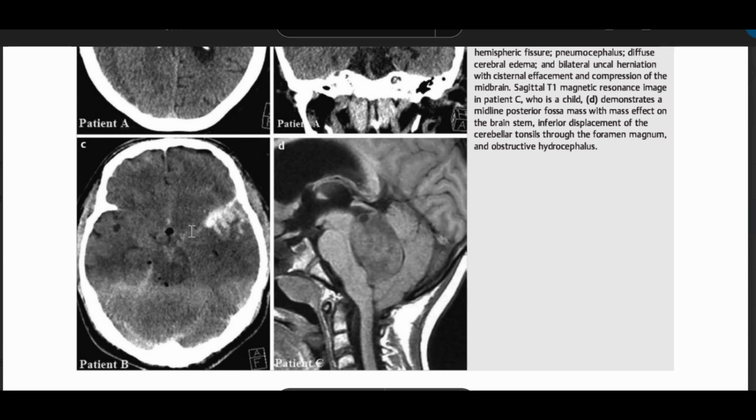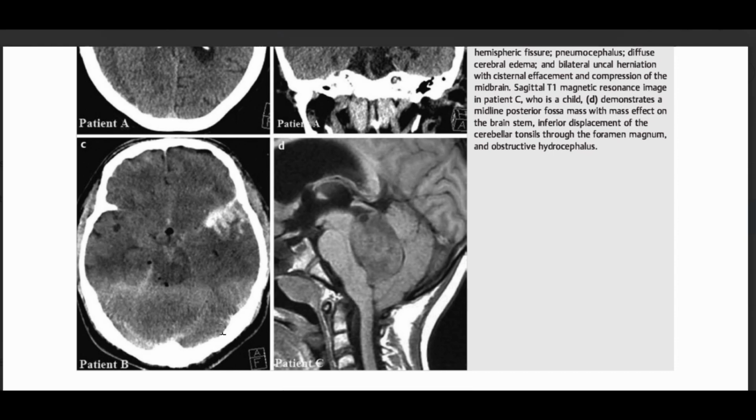It's not within the brain tissue, it's seen along the sulci of the brain. This is called pneumocephalus.